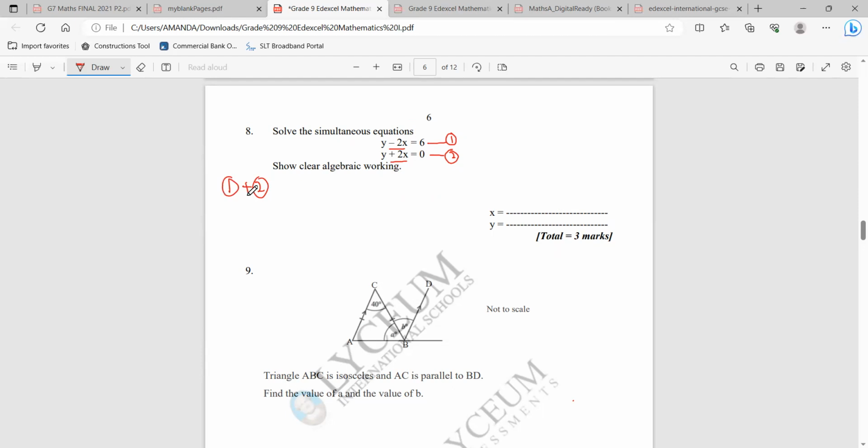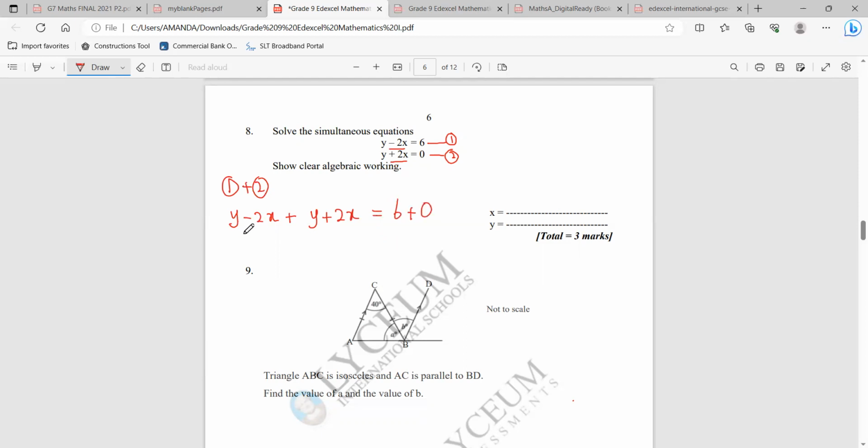When you do that, the left-hand side of 1, y minus 2x, plus the left-hand side of equation 2, y plus 2x, equals the right-hand side of 1 plus the right-hand side of 2.